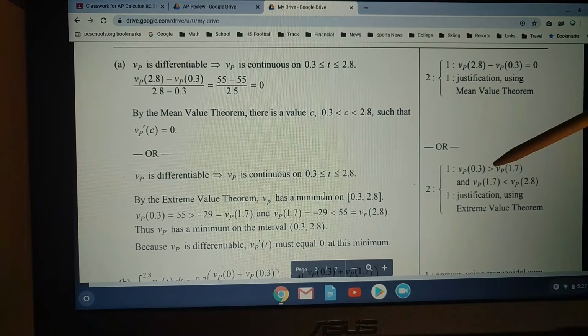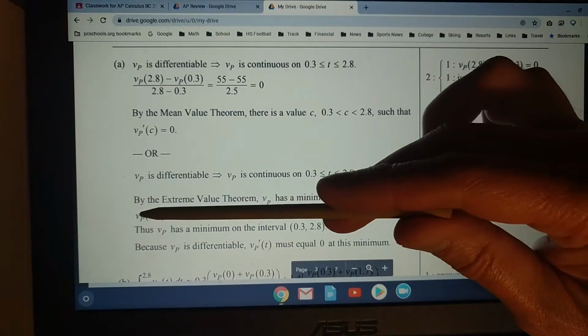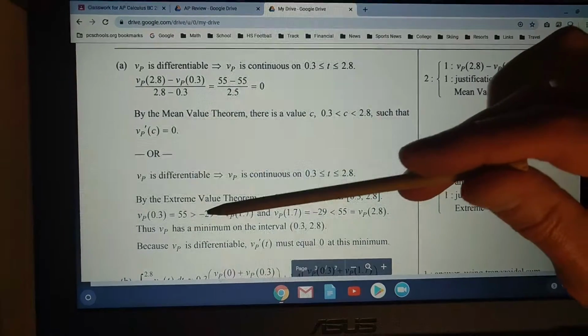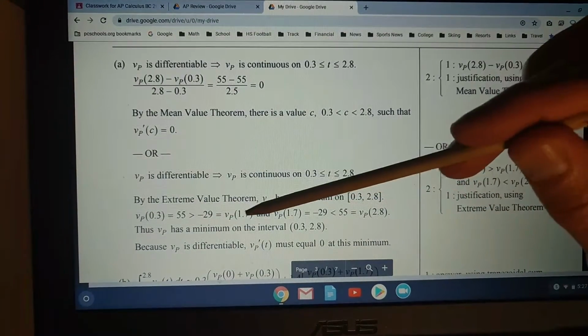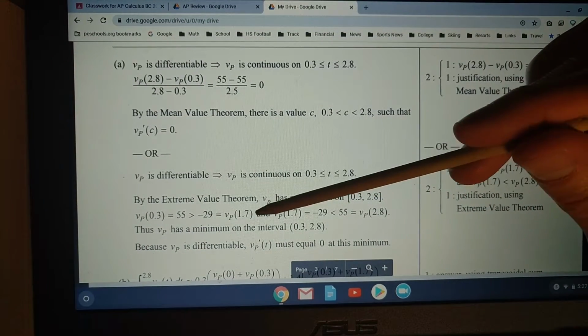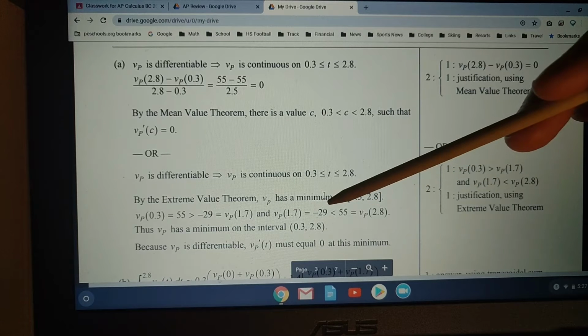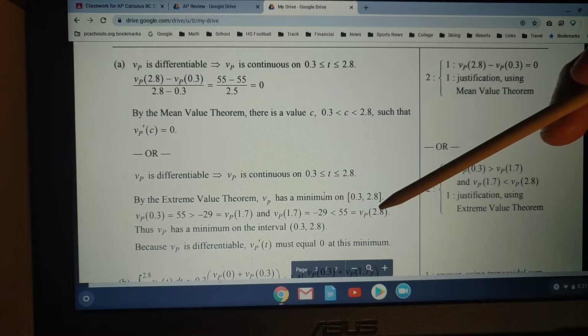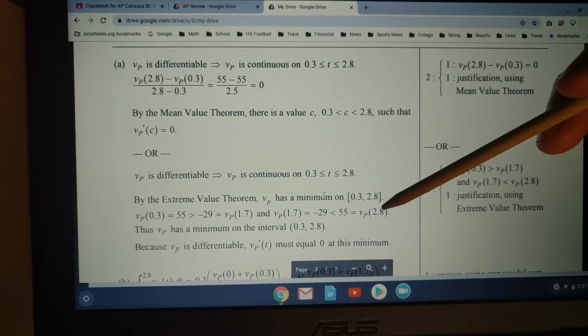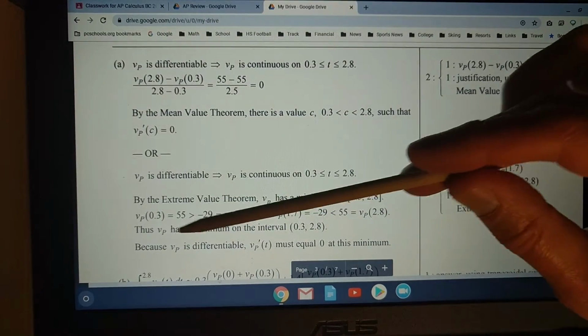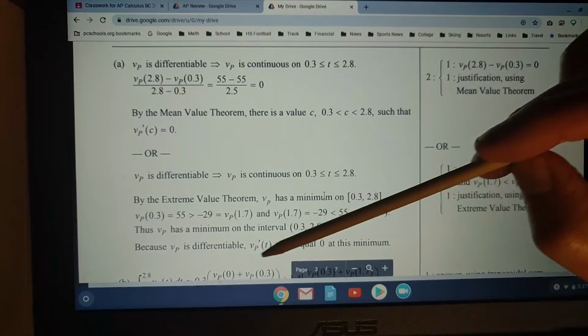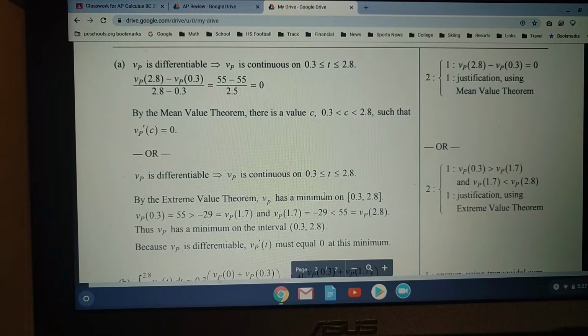Essentially what you would have to figure out is that you know that this V of P here is negative, and you know that V of P at 1.7 is going to be equal to V of P of 2.8. And since it has a minimum, and because it's differentiable, then we know the derivative must be equal to 0 at that minimum. Very unlikely you would have done it that way.